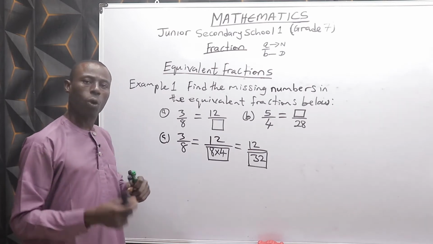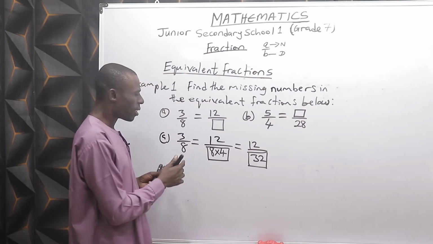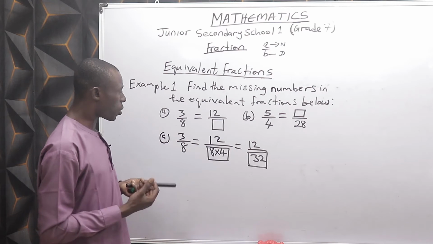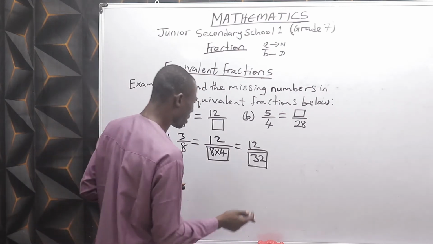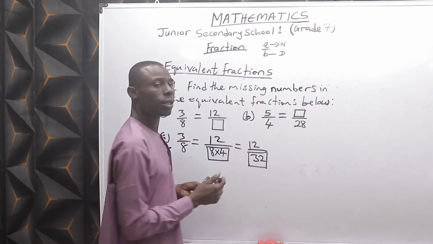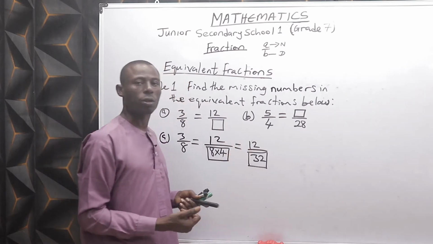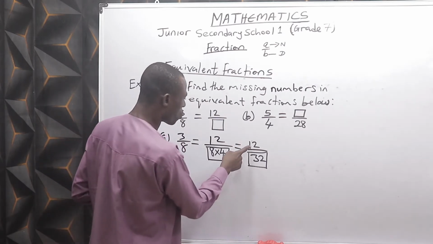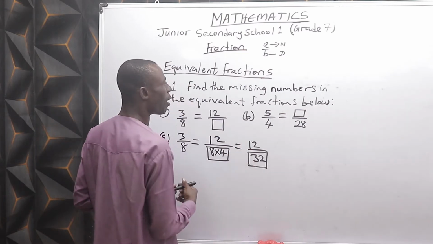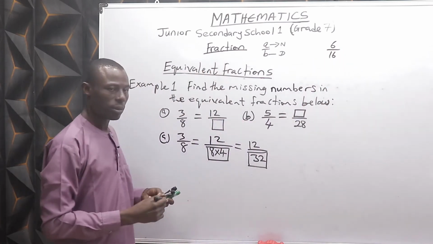Do you need me to convince you that 3 over 8 is equivalent to 12 over 32? If you want me to convince you, this is it. 12 over 32 has some common factors that can divide each of them. If you use 2 to divide 12, use 2 to divide 32, you have 6 over 16 left.